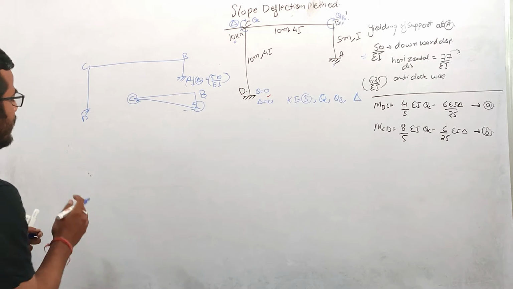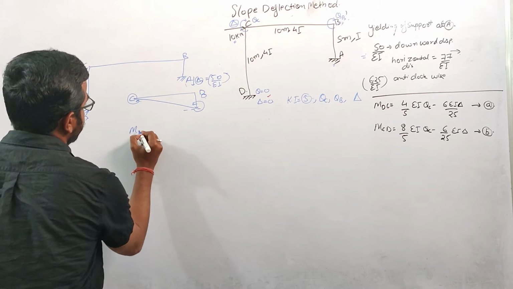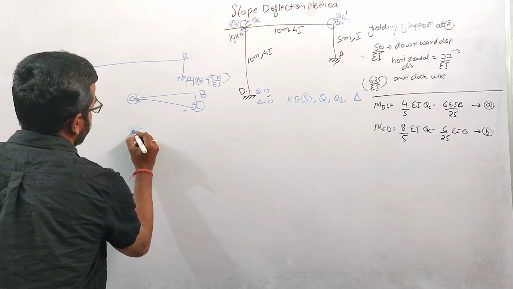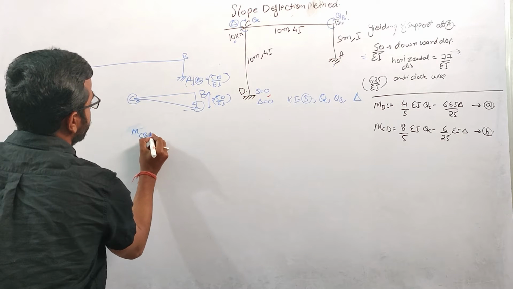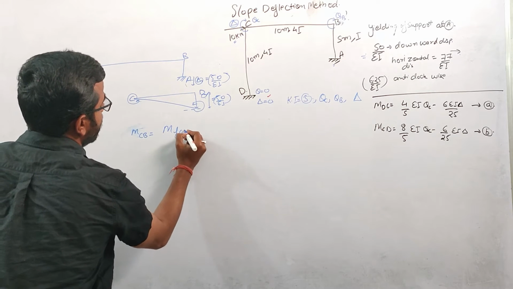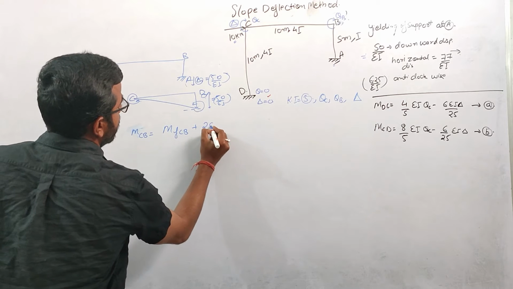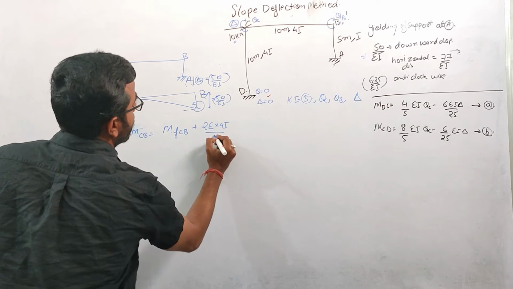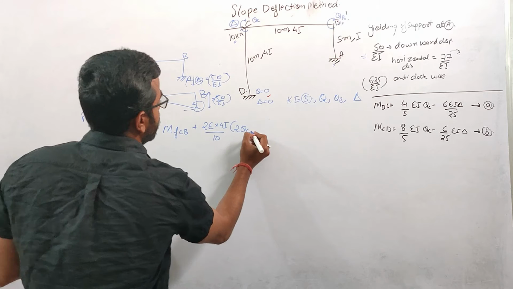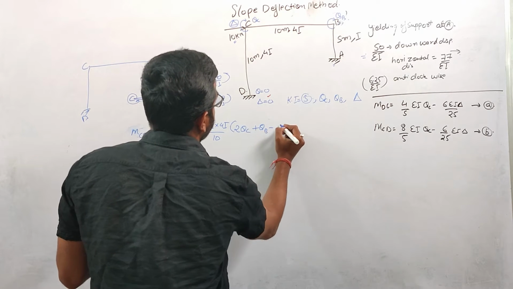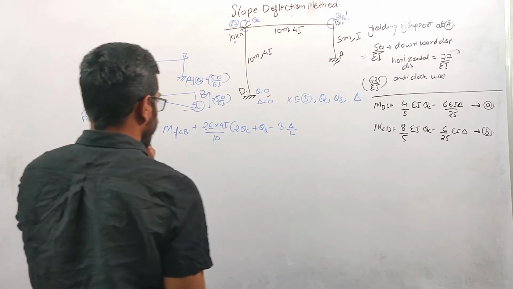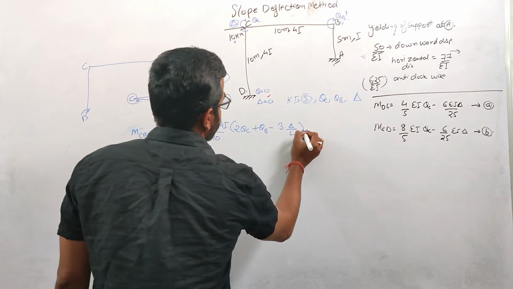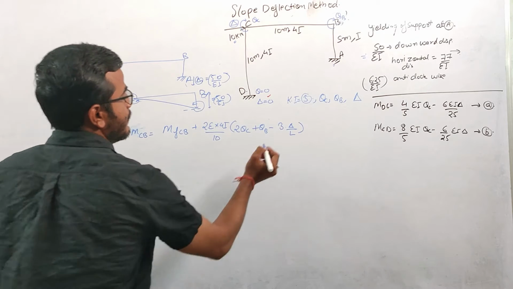So if we write the slope deflection equation for this CB member, I can write MCB equals MFCB plus 2E into 4I over 10 twice theta C plus theta B minus 3 delta over L. Okay, and if we substitute this value, this delta value is, let us suppose, delta dash.